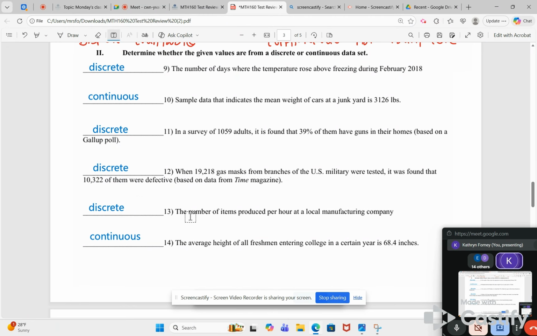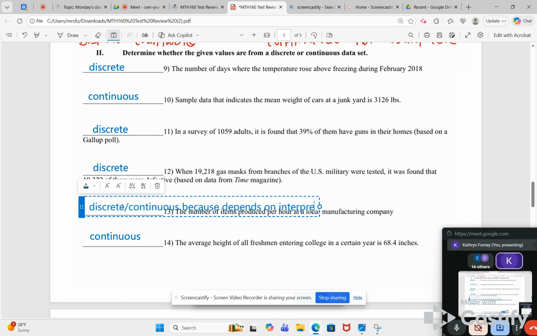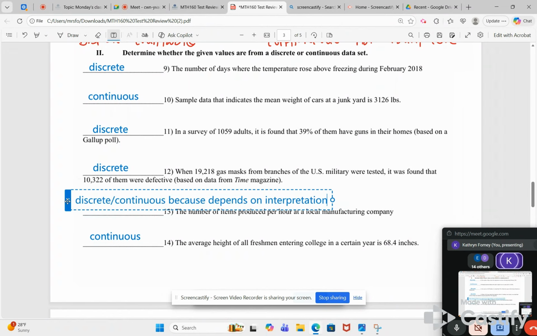So for a question like number 13, I'd probably take either because it depends on how you interpret it, since it says per hour. Looking at that per hour might be taken as an average per hour, not what you actually count in an hour. So for 13, I would take either because it depends on interpretation.